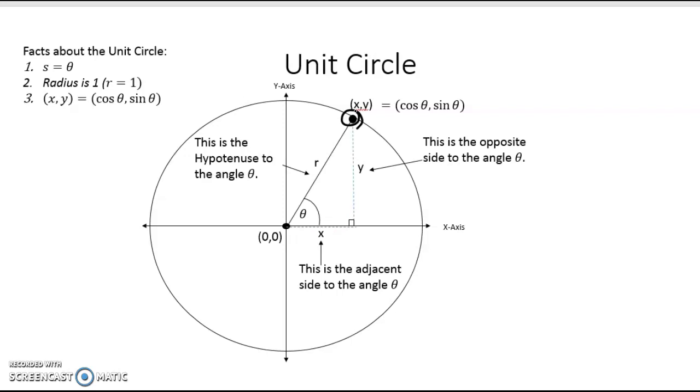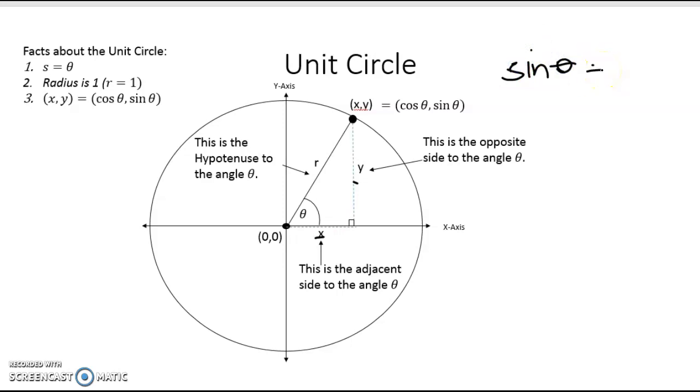If we have an angle right here, then y is going to be the opposite side, x is going to be the adjacent side, and the hypotenuse is just going to be the radius r, the radius of the circle. Say I do sine of theta.